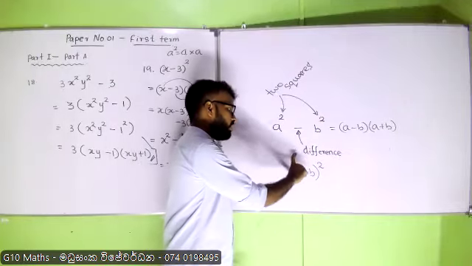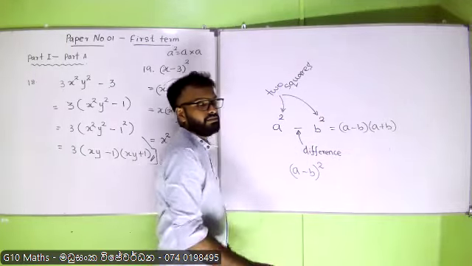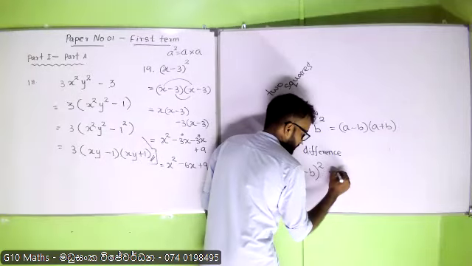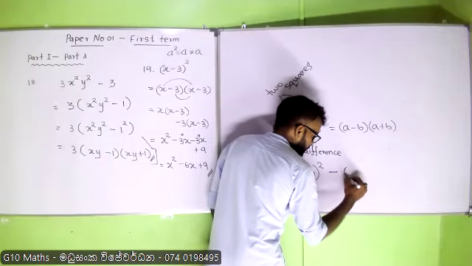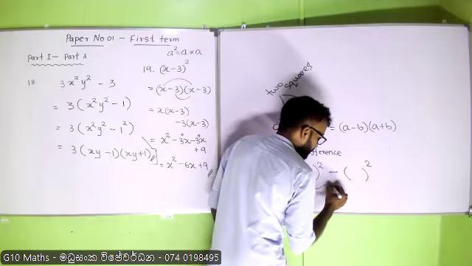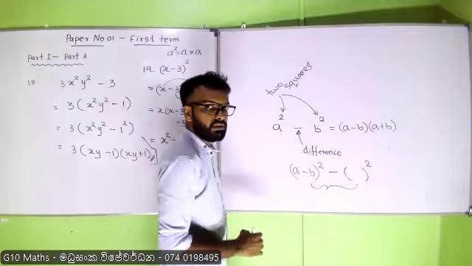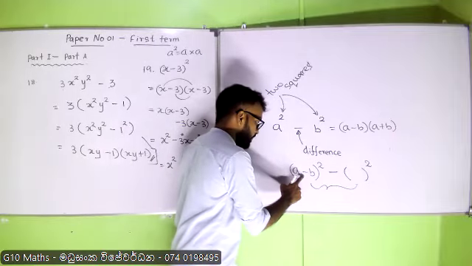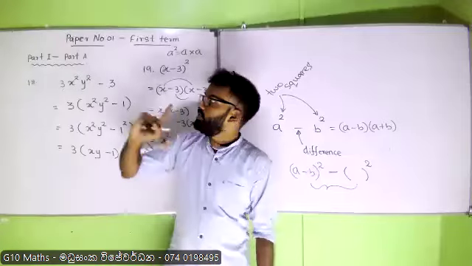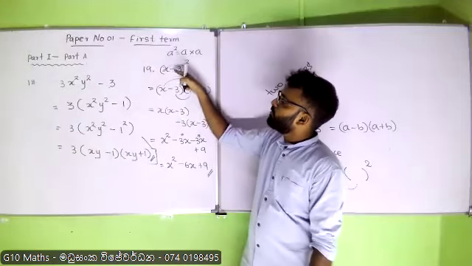If you want to say this is a difference of two squares, you need a difference and another term to the power 2. This is not a difference of two squares.